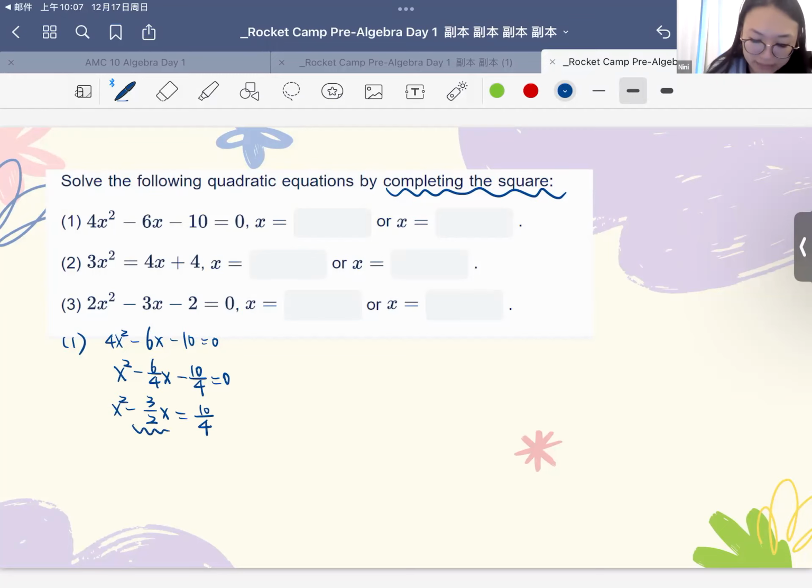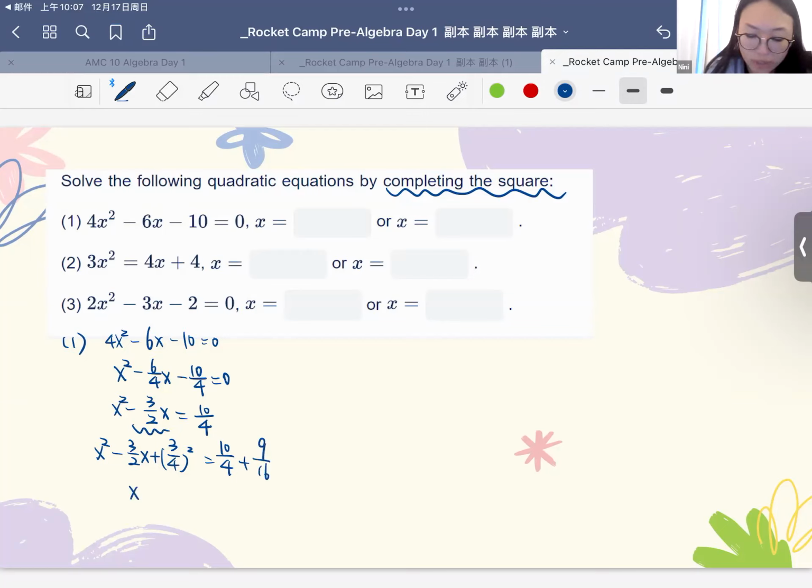So what should we add? We should add here the square of 3 divided by 4 so that it will become a perfect square. So here on the left side, we will have here. And on the right side, we will have the square of 3 over 4, which is 9 over 16, okay?